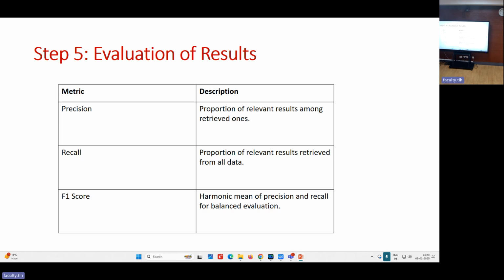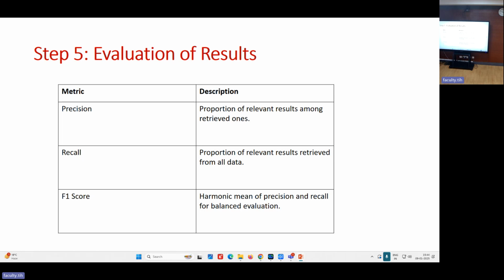Suppose in the reference summary you have 4 sentences, right? And in the system summary you have 4 sentences, then the recall value would be the number of overlapped sentences divided by the sentences in the system generated summary.